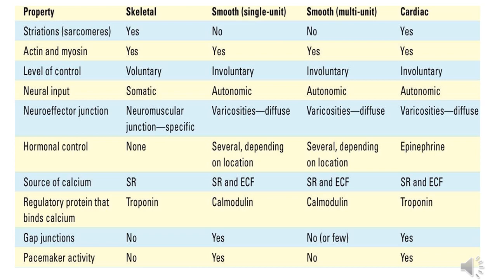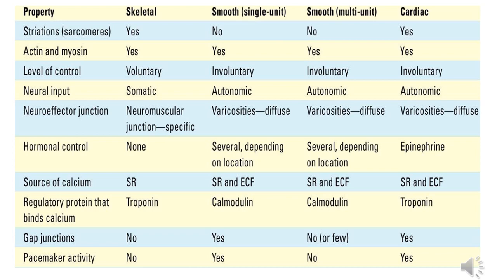While in the skeletal muscles we only see this happening in the sarcoplasmic reticulum, the ECF is also a source for all the other three muscles. Other components are the regulatory proteins that bind the calcium, which are really troponin in skeletal muscle and cardiac, whilst in the smooth muscle we depend on calmodulin.